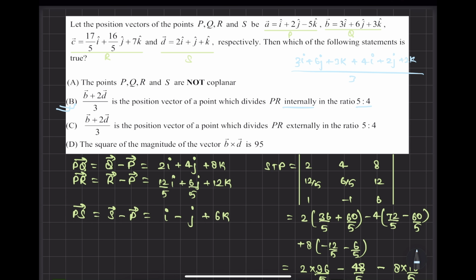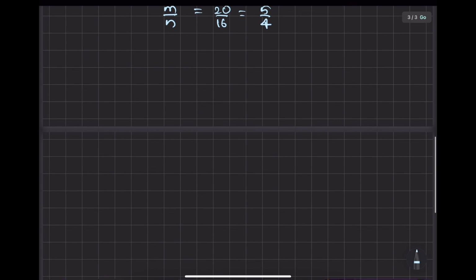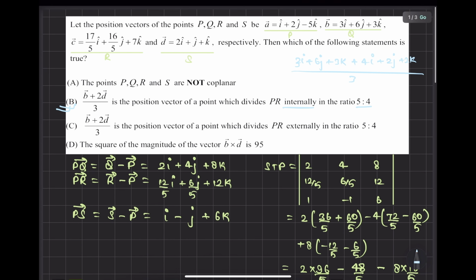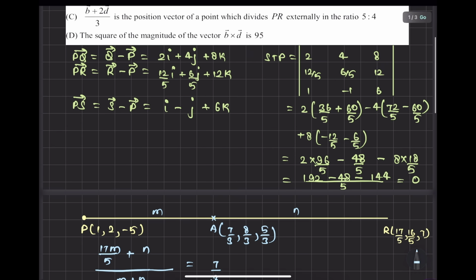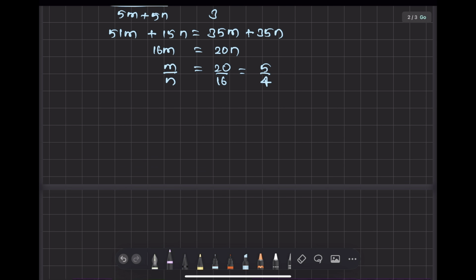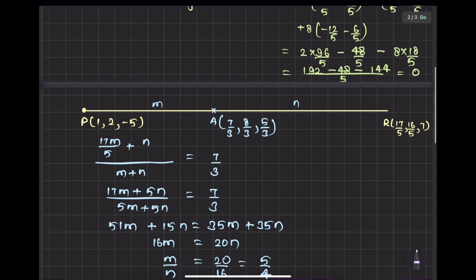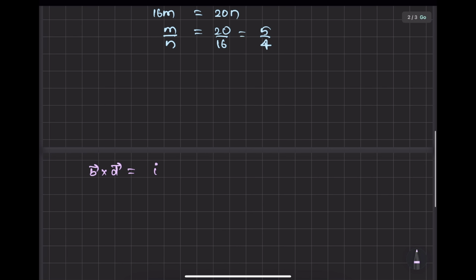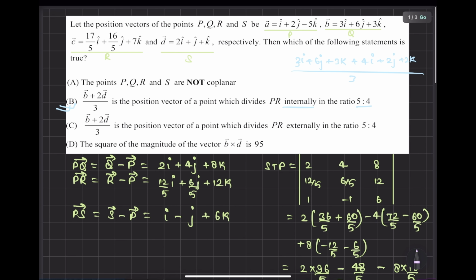Is that okay? Now focus on option D. So in option D, these guys are talking about the square of the magnitude of B cross D. So first find out B cross D, then find out the magnitude. So for B cross D, first I will be writing i, j, k. Now who is B? B is 3, 6, 3.